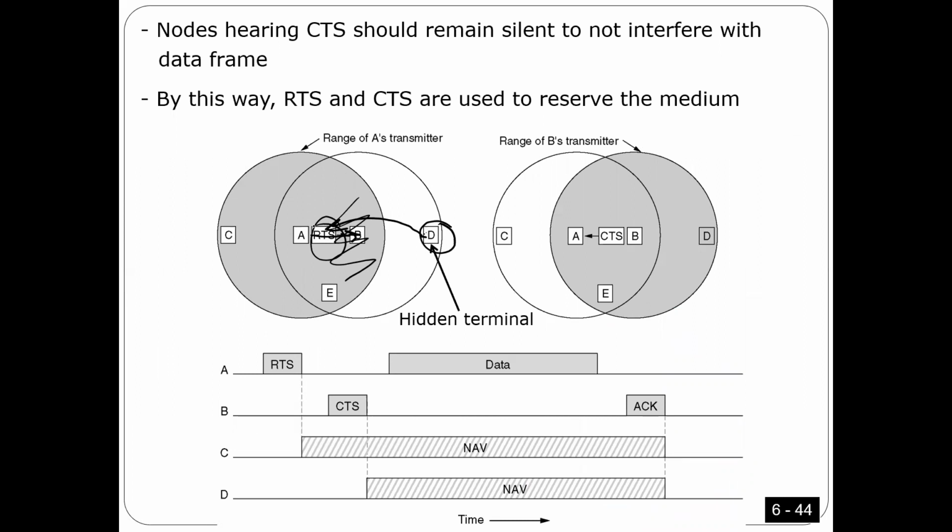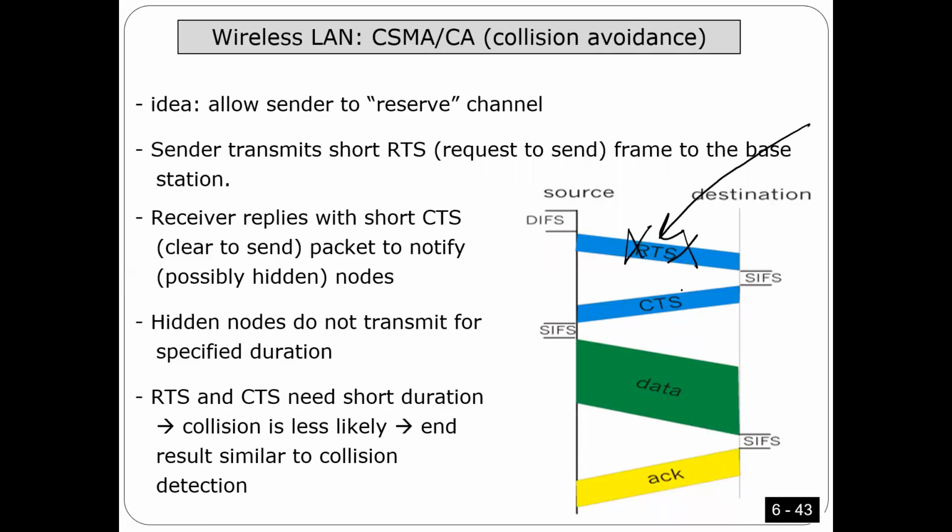Same thing for CTS. If there is any transmission during RTS or CTS, the nodes or the computers are not going to be notified of the reservation. I don't want to use the word reservation, but it is like reservation, honestly.